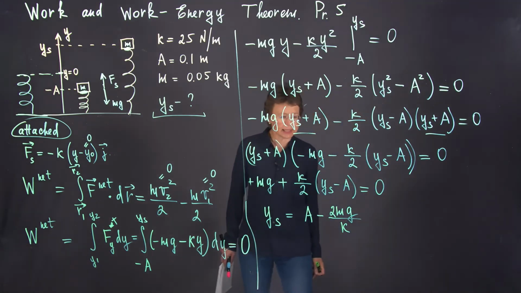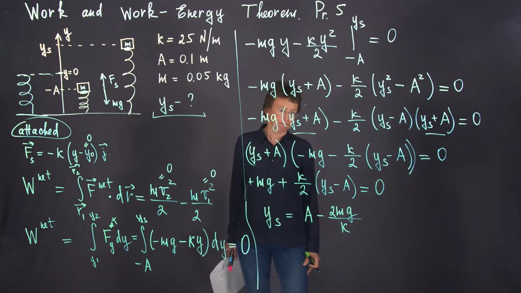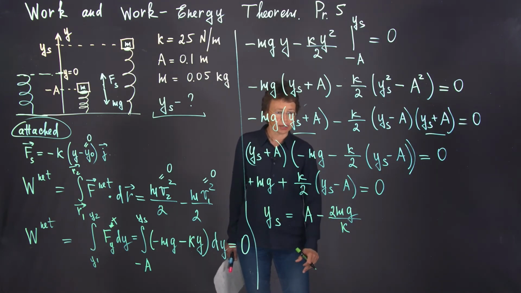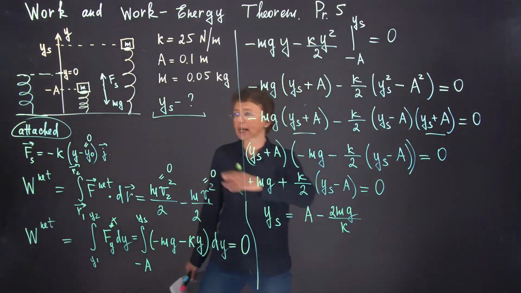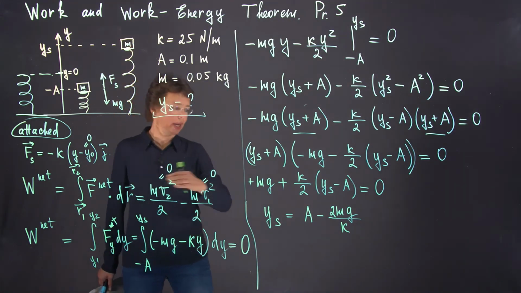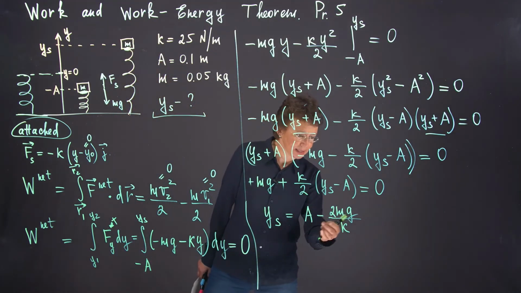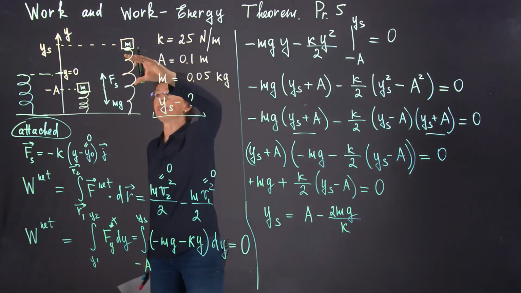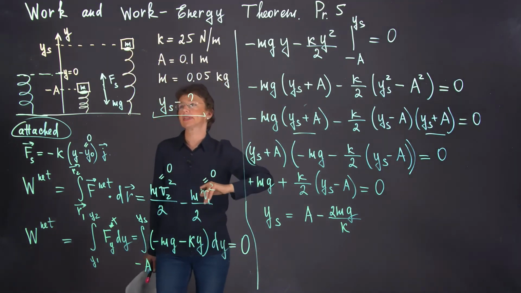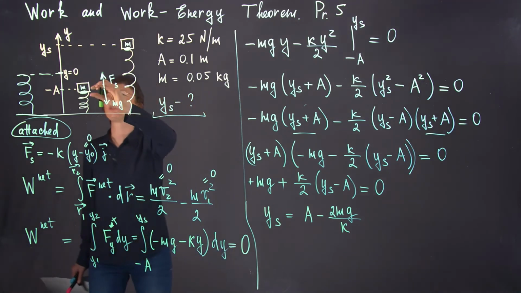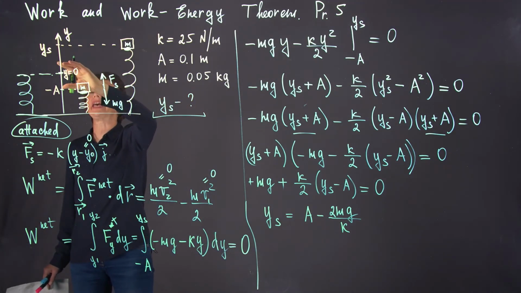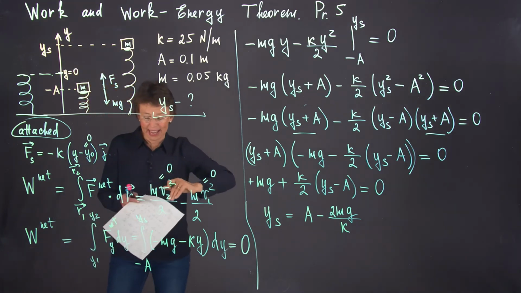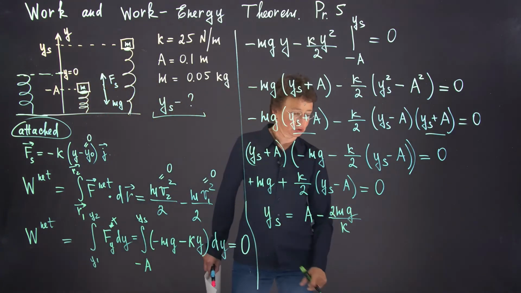Now let's see if it makes sense to us. Imagine that there is no gravity, just no gravity. Then it is from minus a to a, makes sense. But since there is gravity, it has to stop at ys that is less than a, because it is a minus 2mg over k.